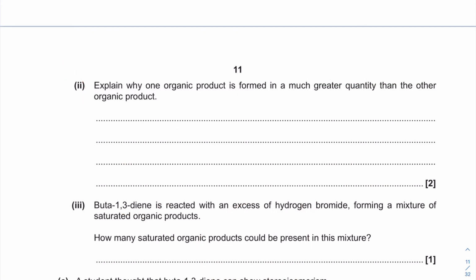Explain why one organic product is formed in a much greater quantity than the other organic product. Well, we're looking at the intermediate formation of the carbocation. The tertiary carbocation is more stable than the secondary carbocation, which is more stable than the primary carbocation.